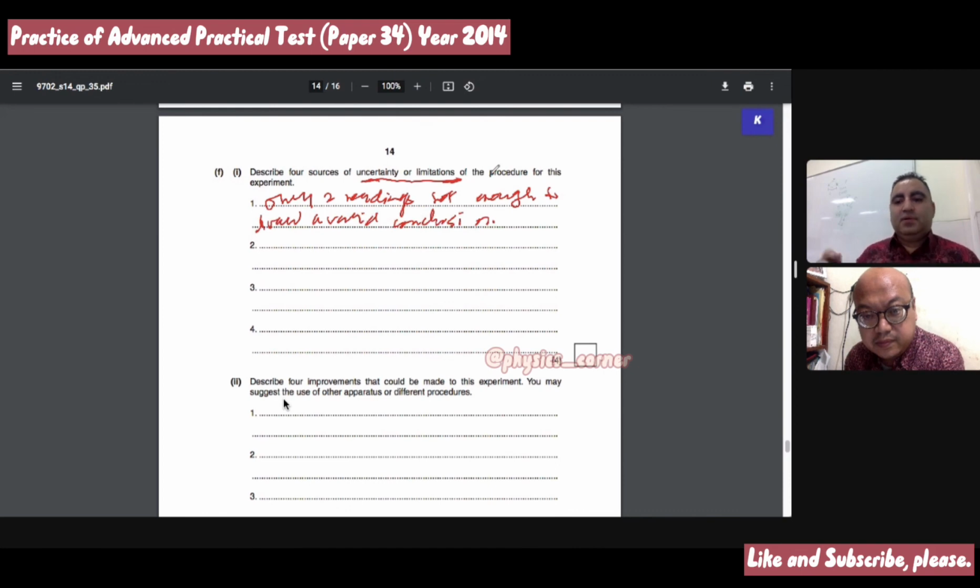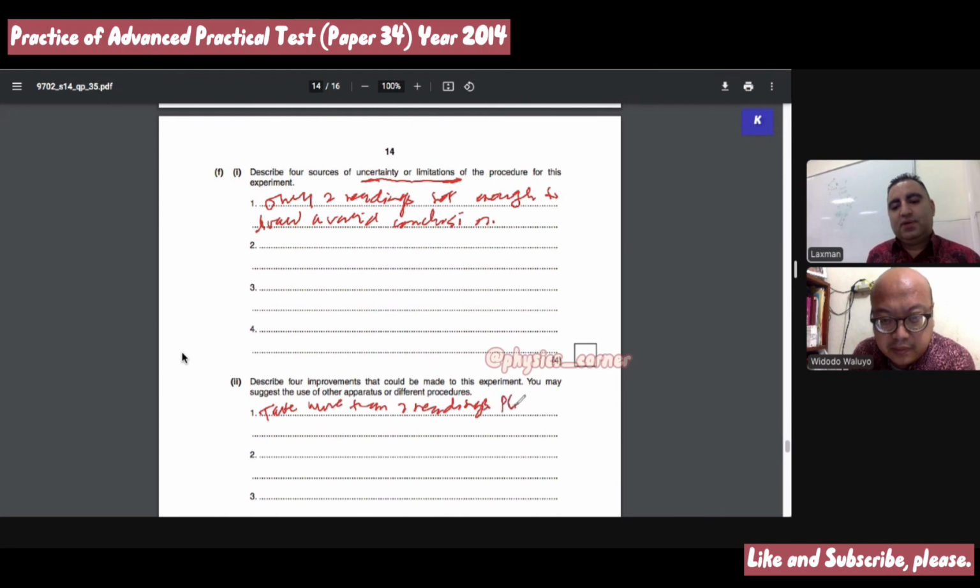For any experiment, question number 2.1. And then the improvement for this one will be to take more than 2 readings and plot a graph to draw the conclusion. Every experiment, question number 2, you can write these 2 points.